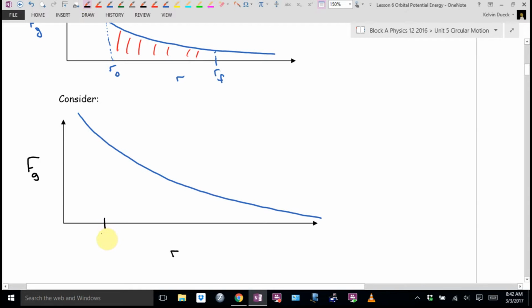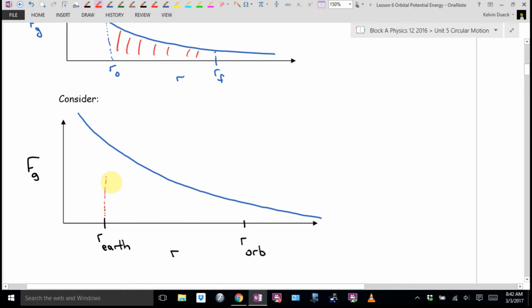Let's put our Earth right there. Let's put our orbital right there.